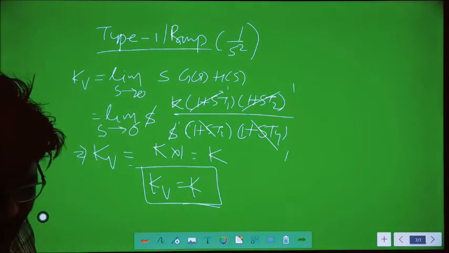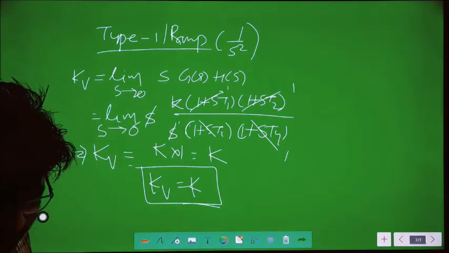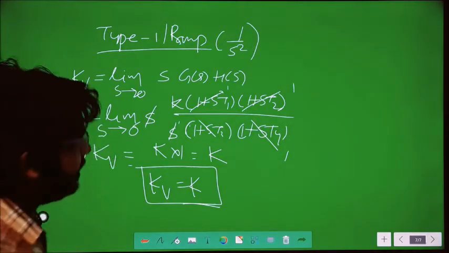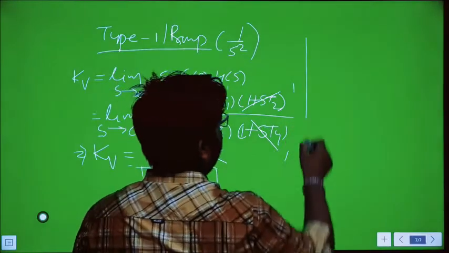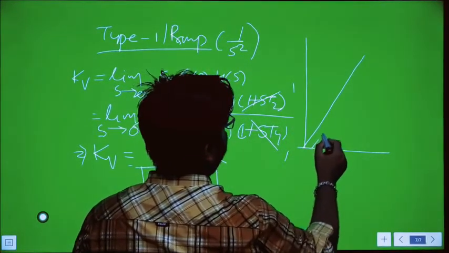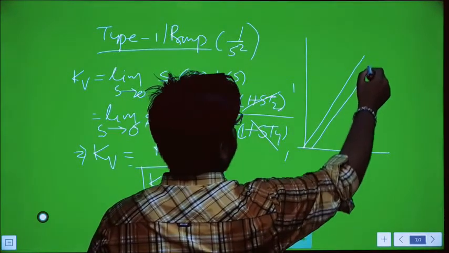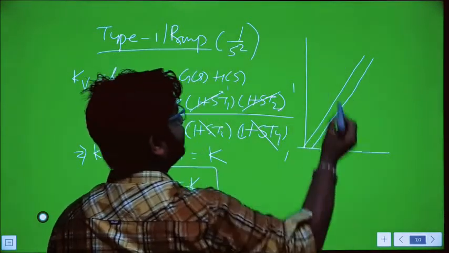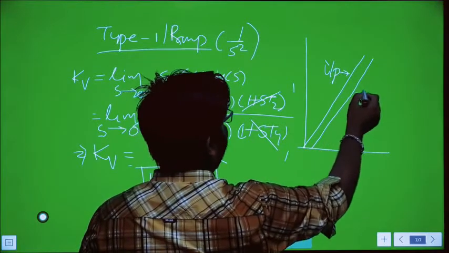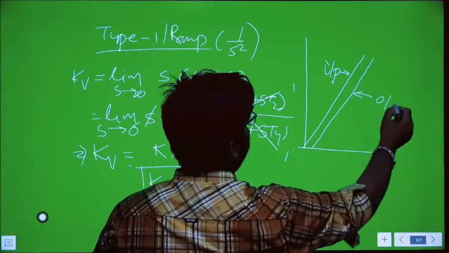So if you try to plot this system, type 1 system with constant error, let's say this is my input, this will be somewhat my output. Ramp input is like this, and in parallel I am getting the output.